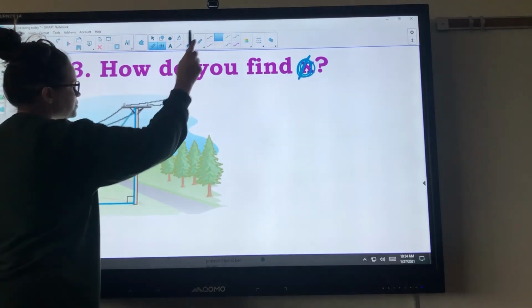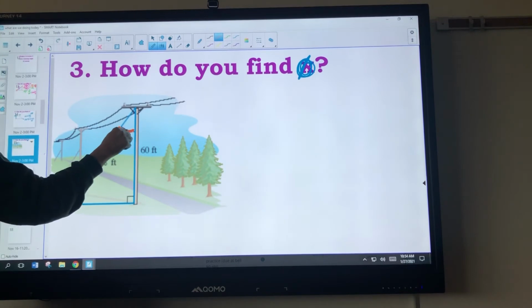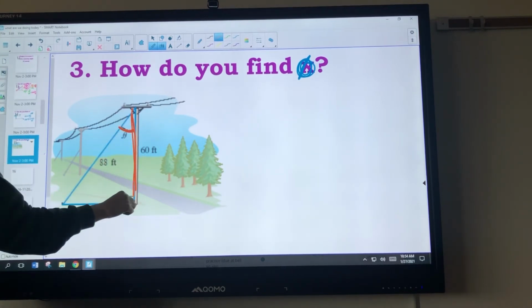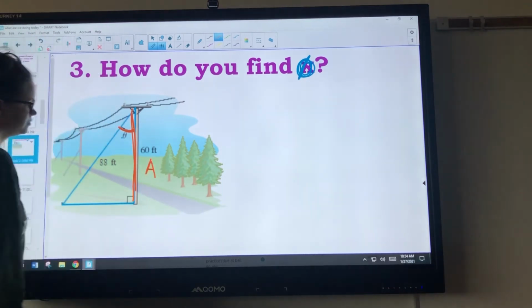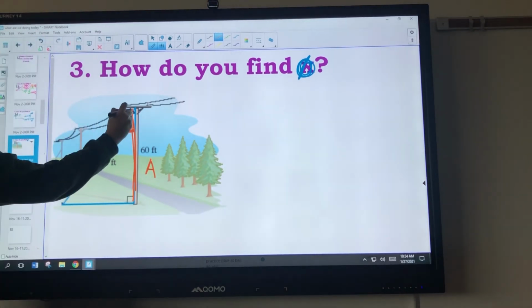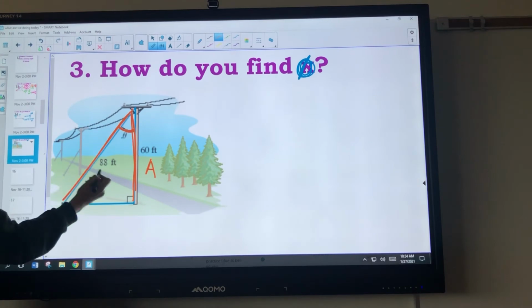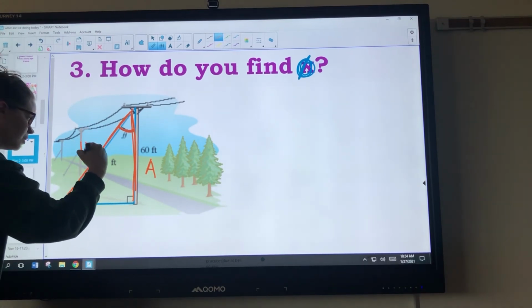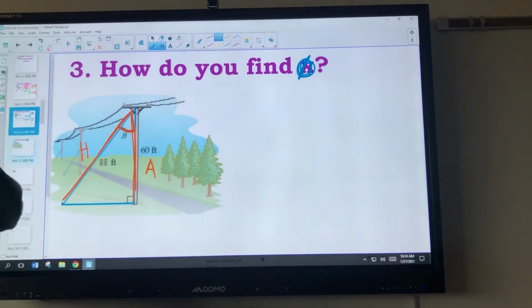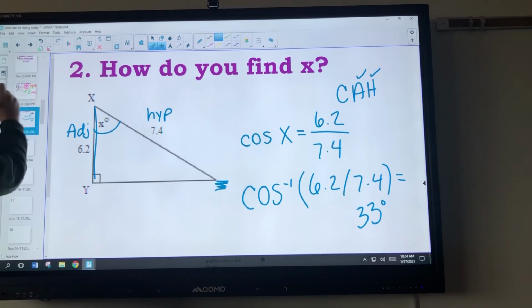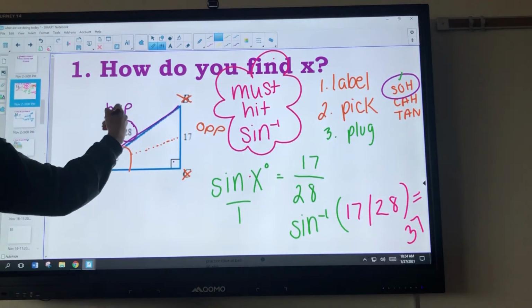Okay. So if the angle is up here, then 60 is the adjacent. And if the 88 is on this longest side that's across from the 90, it's the hypotenuse. So AH goes with CAH. Wait, didn't we just use CAH? I was trying to do one of each.